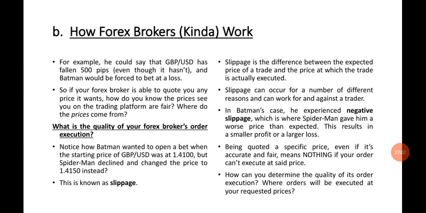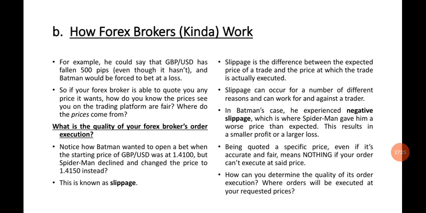What is the quality of your forex broker's order execution? Notice how Batman wanted to open a bet when the starting price of Great British Pound was at $1.4100, but Spider-Man declined and changed the price to $1.4150 instead. This is known as slippage.